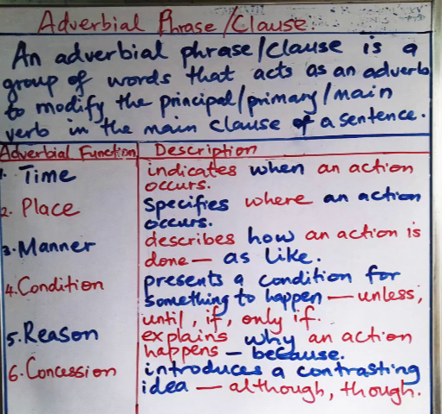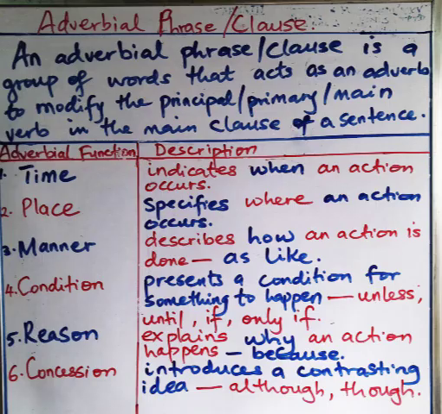We have those adverbials. And to be able to identify these adverbials given in the passage from the questions which we are going to be asked in the comprehension passage, you must know that if the underlined expression begins with when, it's an adverbial of time. If it begins with how, it's an adverbial of manner. If it begins with where, it's an adverbial of place.